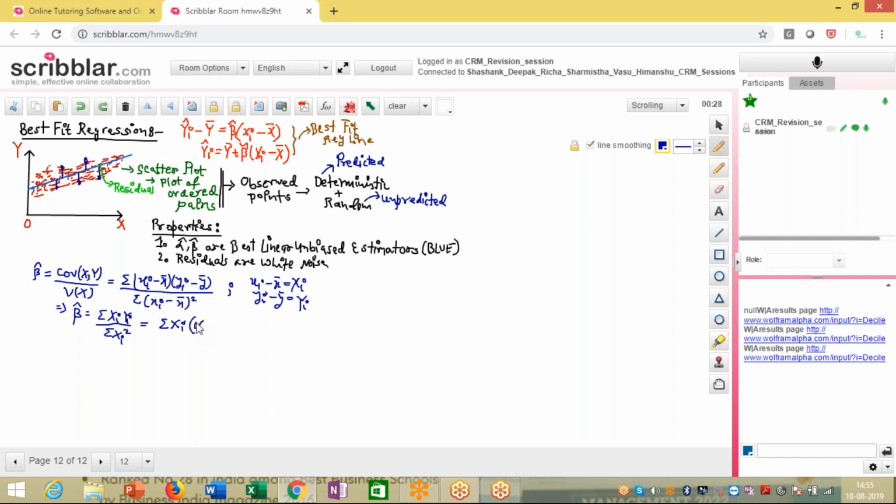Now the question that comes up is how could I write this over here, because xi is not only xi but it is xi minus x bar. So what I have actually written out here is the following.